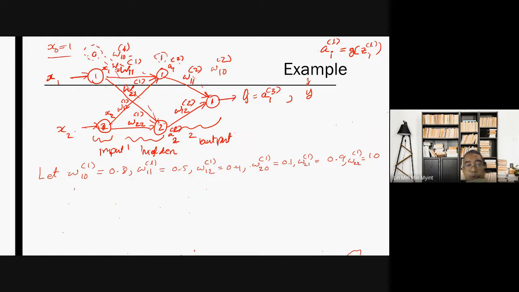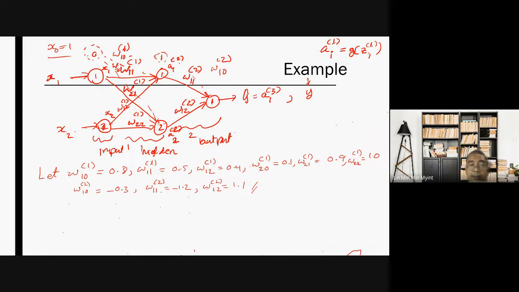And then for layer 2, W10 of layer 2, let's say it's minus 0.3, and then weight W11 of layer 2 is equal to minus 1.2, and then W12 of layer 2 is equal to, let's say, 1.1.